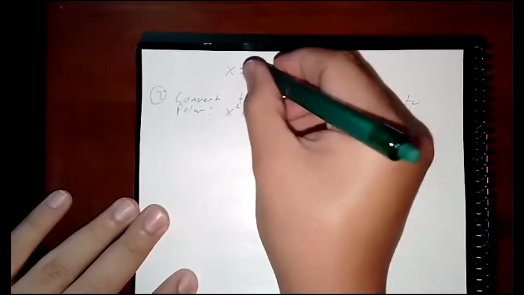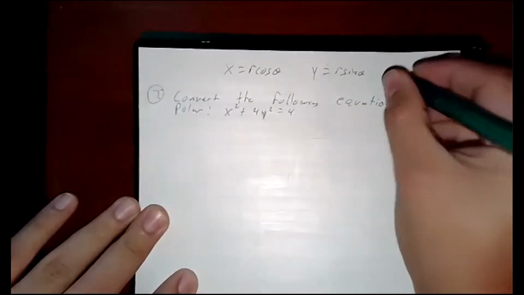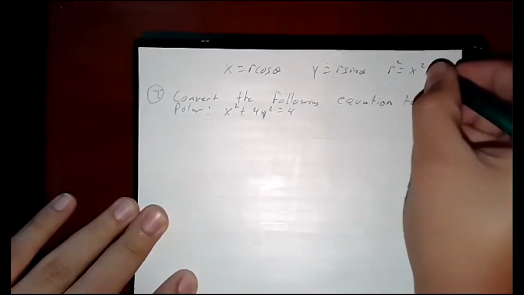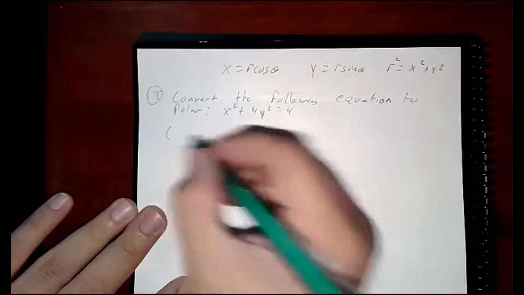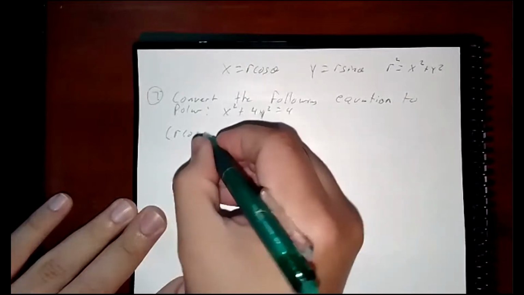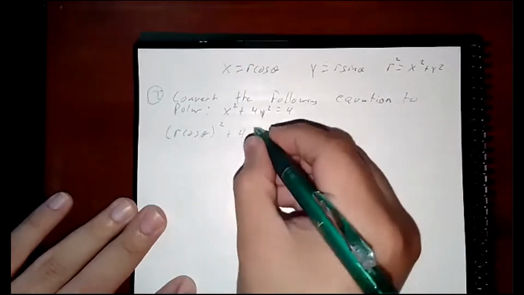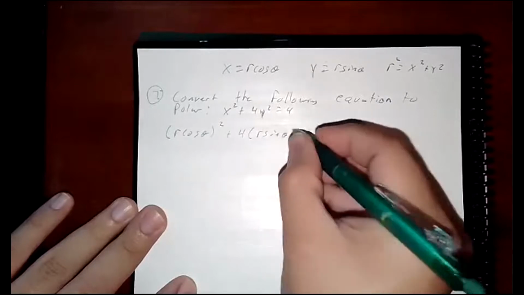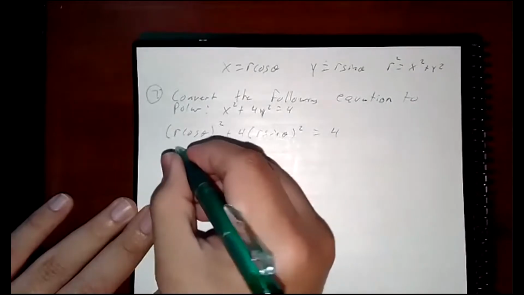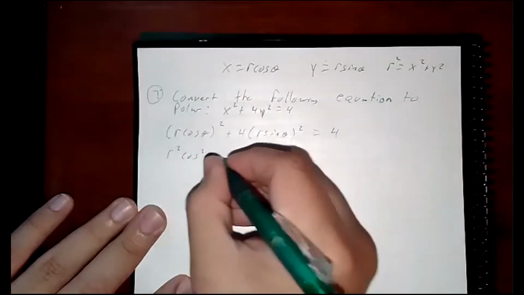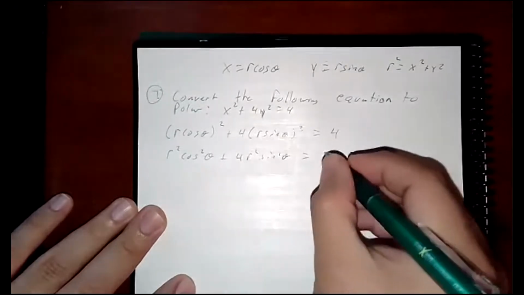X is equal to r cosine theta, so we have to convert the x. Y is r sine theta, and if it's helpful, r squared equals x squared plus y squared. So let's see how this goes. This becomes r cosine theta for the x squared, plus 4 times r sine theta squared equals 4. So this becomes r squared cosine squared theta plus 4r squared sine squared theta equals 4.